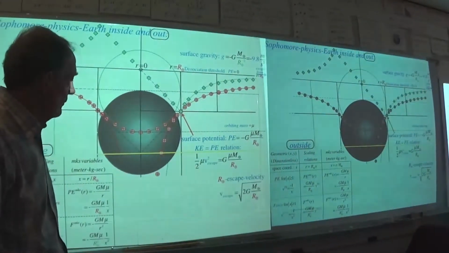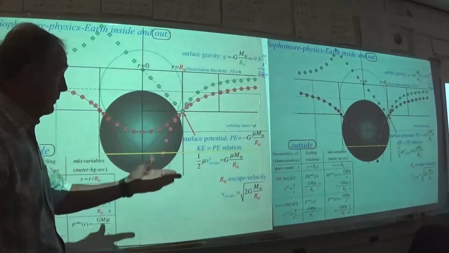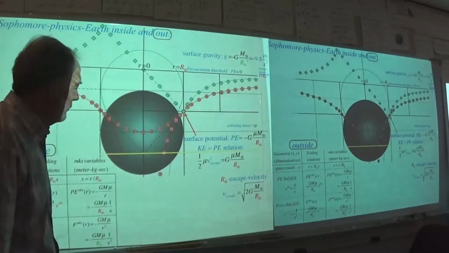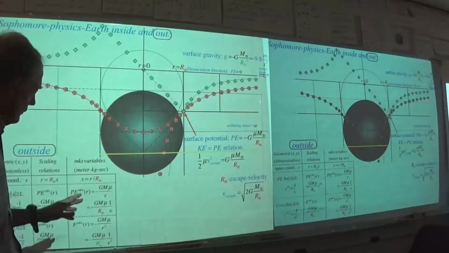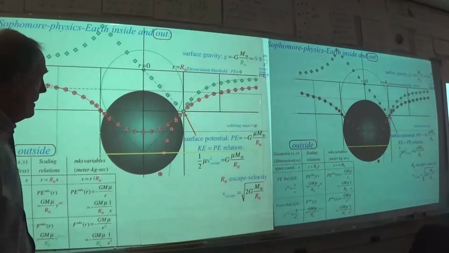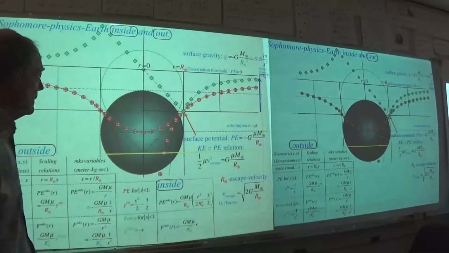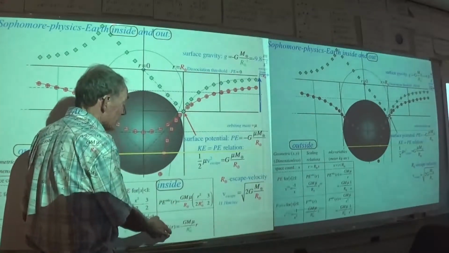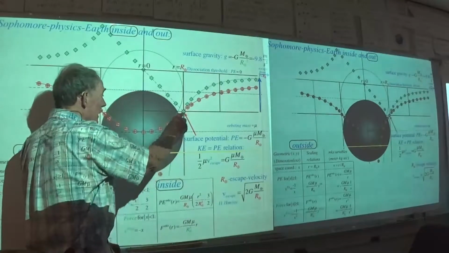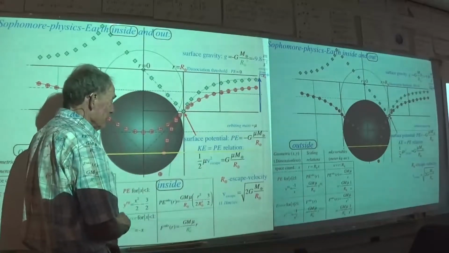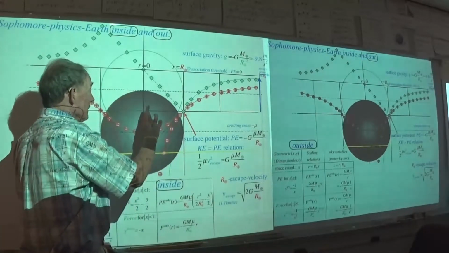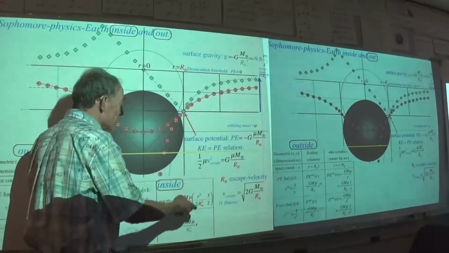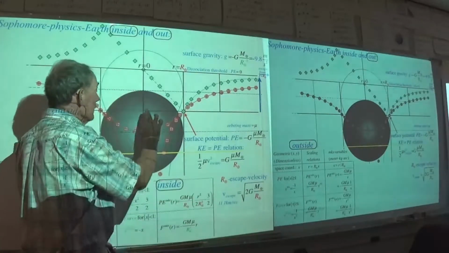I'm going ahead on this one as well. I'm going to mostly use these two screens for all of these formulas. So now inside, these are the equations that have the inside. This is the one where you have the parabola, and basically it has to be at 1/2. That's the two there.